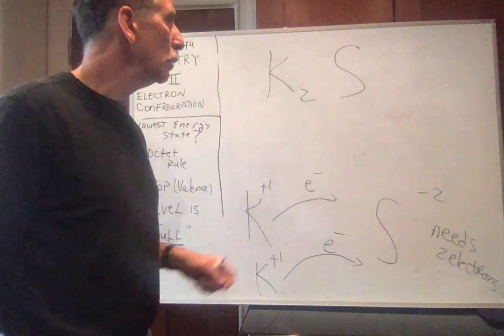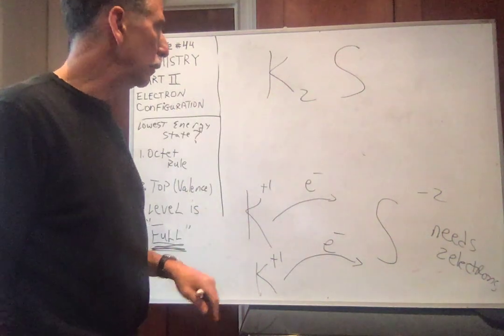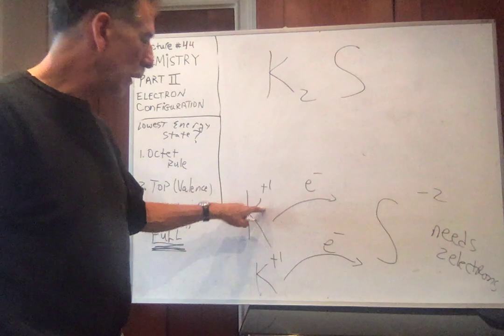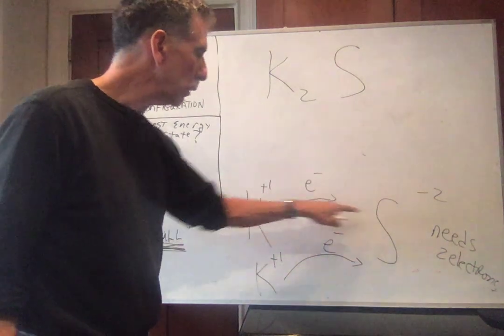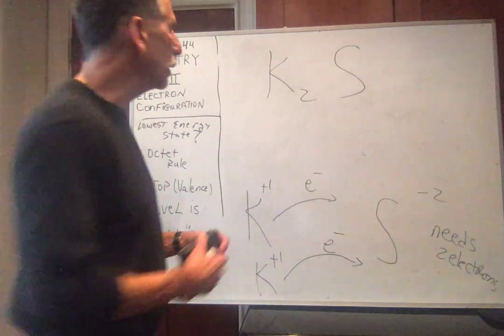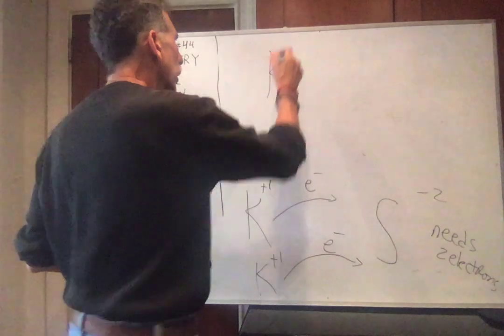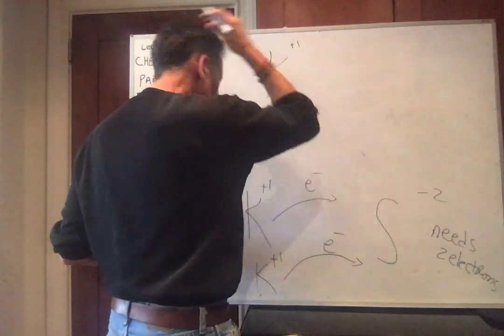Okay? And we'll name this in a bit. Okay? Potassium sulfide. All right? Give two. Each one gives one electron. This needs two, so it takes two of them. Suppose I wanted potassium, right, which wants to be plus one, wants to give away one electron.